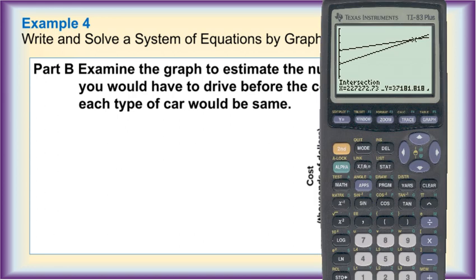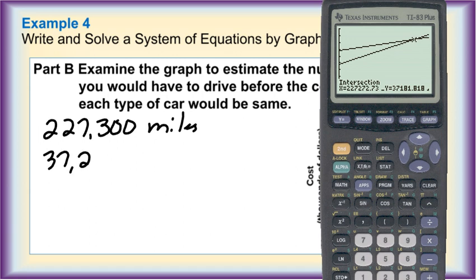So let's do 227,000. I'll do 227,300. And the cost would be $37,200.